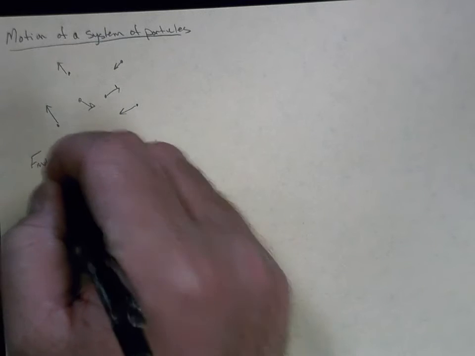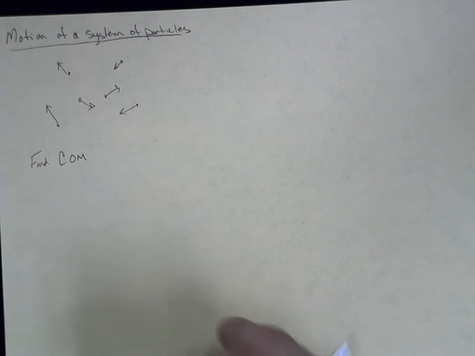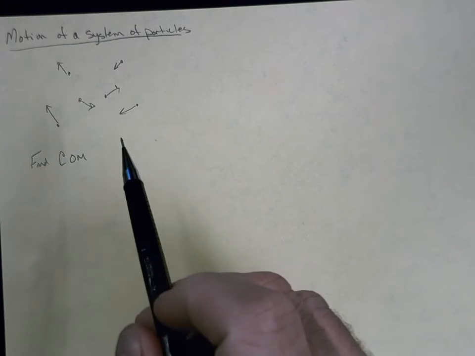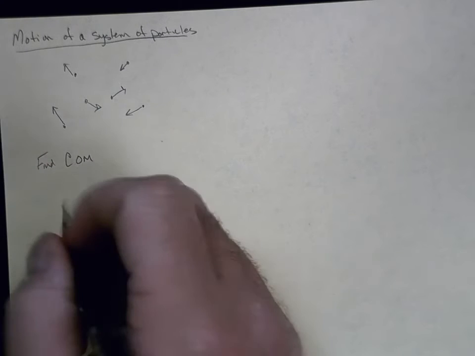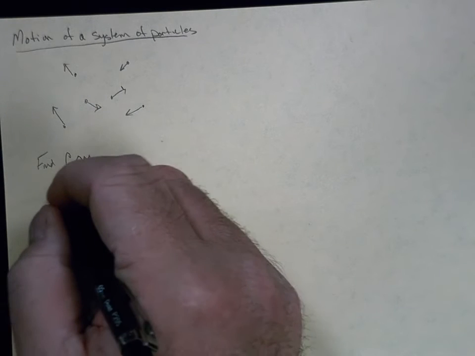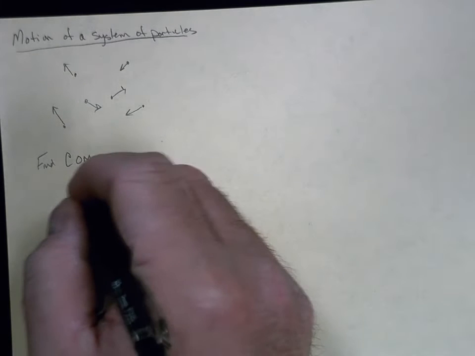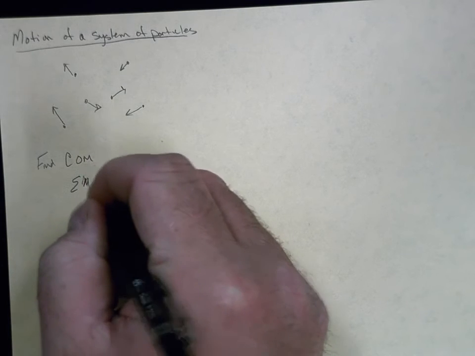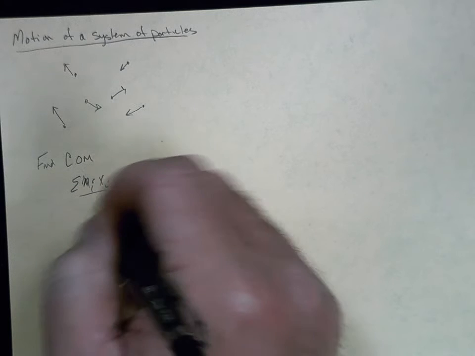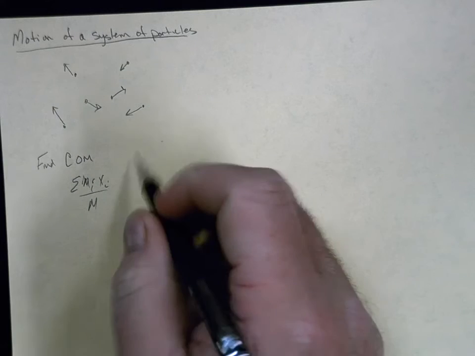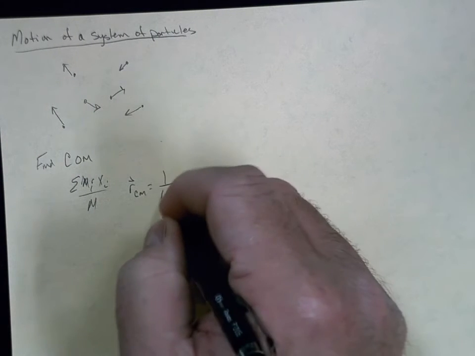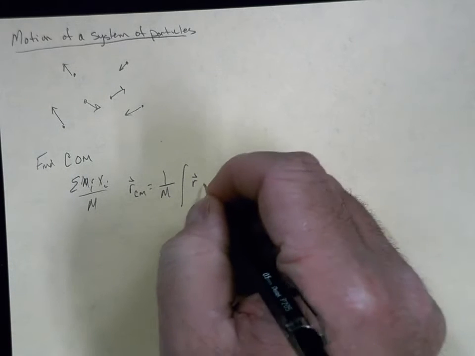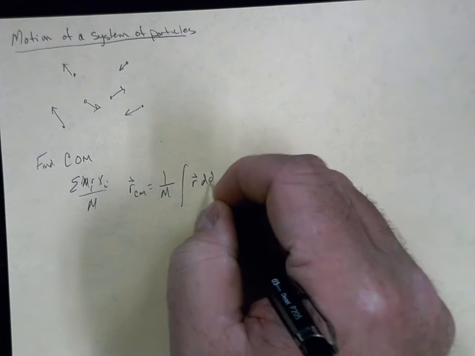Just as if all these particles were differentials of a continuous piece of material, the center of mass is still going to be the average, so it's the sum of m_i x_i over total mass, but then we convert that into our position of center of mass, which is going to equal 1 over the total mass times the integral of r dm.